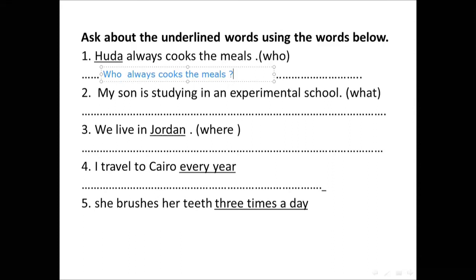Pay attention that with who I ask about the subject. If you are asking about the subject, then after who we directly have the verb, the subject is deleted. Okay, we omit Huda and use who instead of Huda. Now after this we use the sentence as it is.